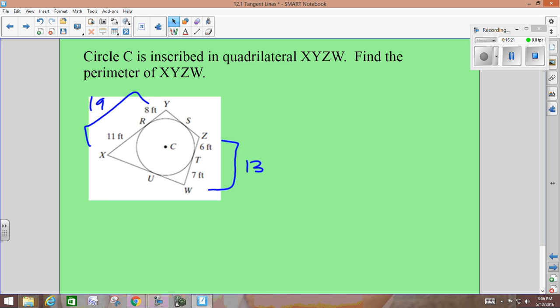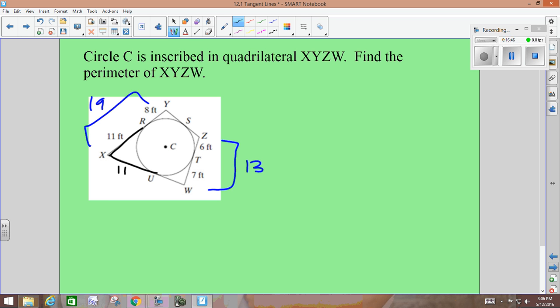What's that theorem say, Sam? Okay, so the two segments that... Good. XU and XR would have to be congruent because they can only be congruent up to the tangent, right? So what's XU then?